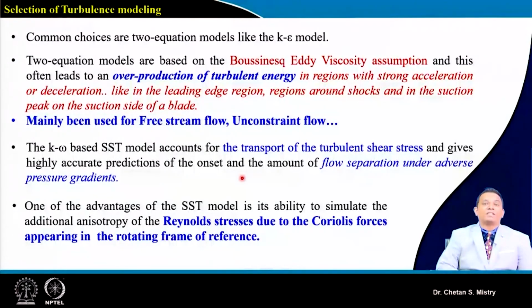When my flow goes through the rotor, we have rotating flow as well as sliding flow. That is called the Coriolis effect, and it needs to be analyzed correctly. So the SST K omega model is preferred when analyzing flow through an axial flow compressor or an axial flow fan.